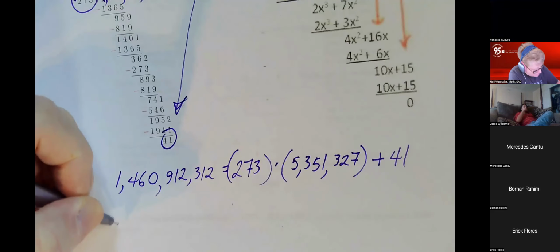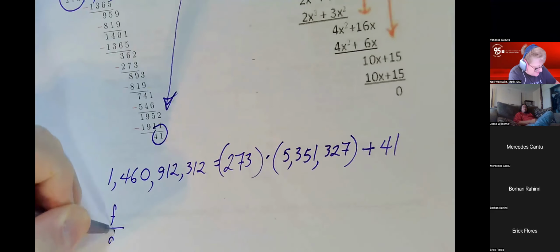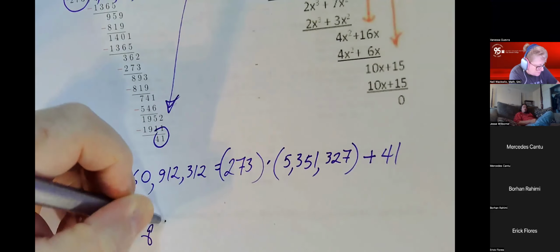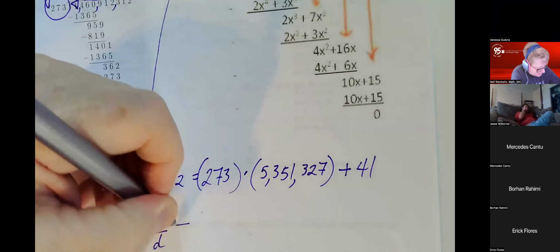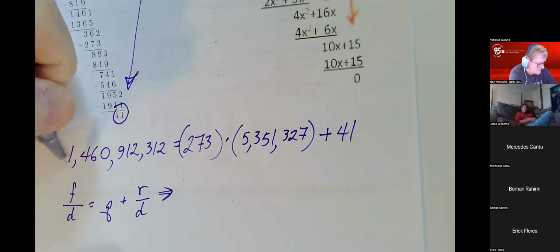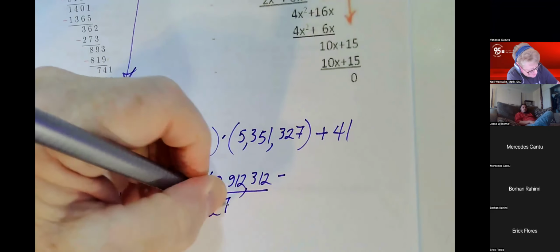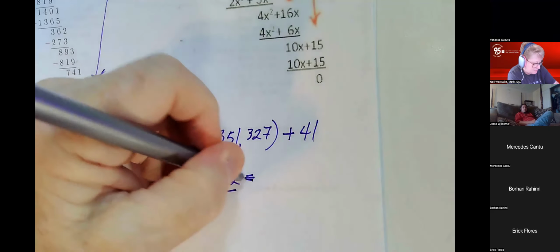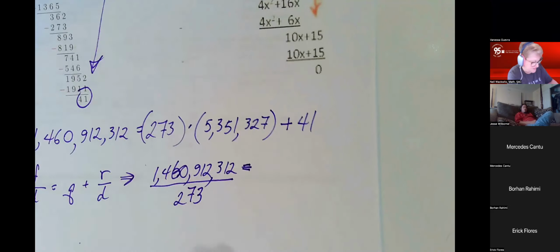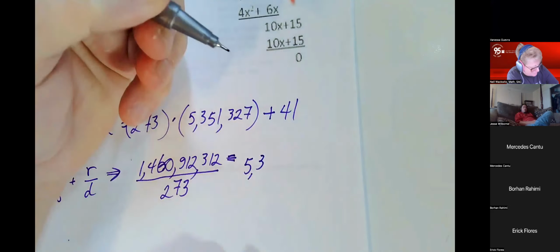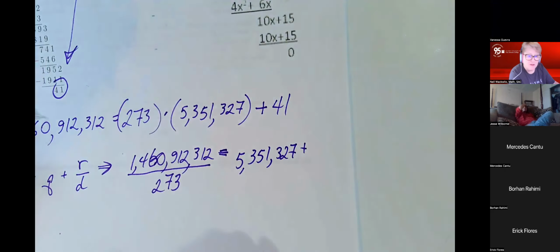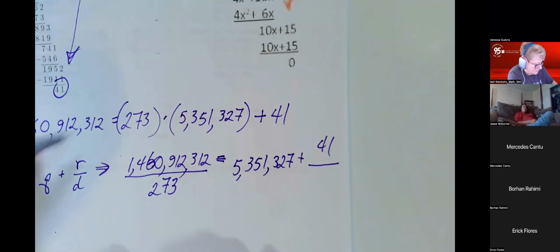So I could write F divided by D equals Q plus R over D. F is the dividend, so 1,460,912,312 divided by the divisor, 273, equals the quotient, 5,351,327, plus the remainder divided by the divisor, 41 divided by 273.